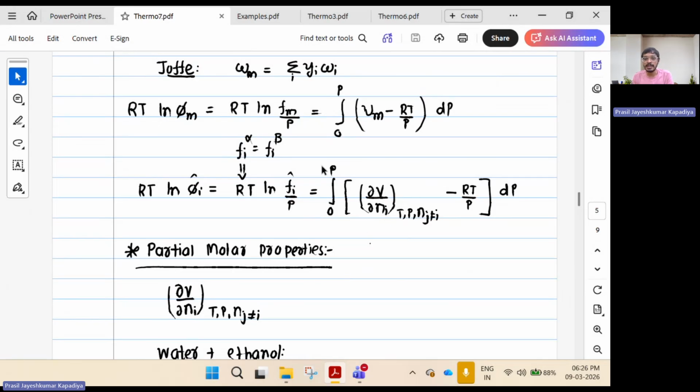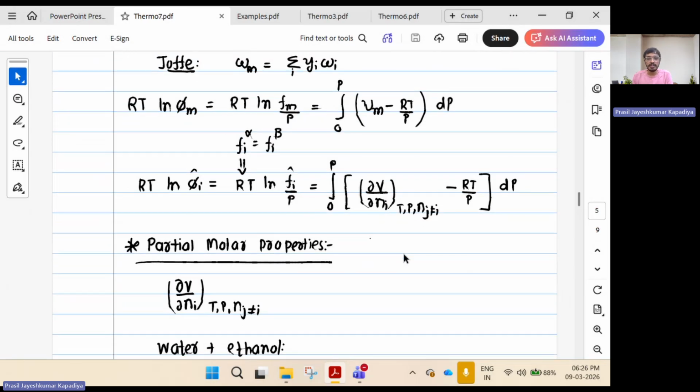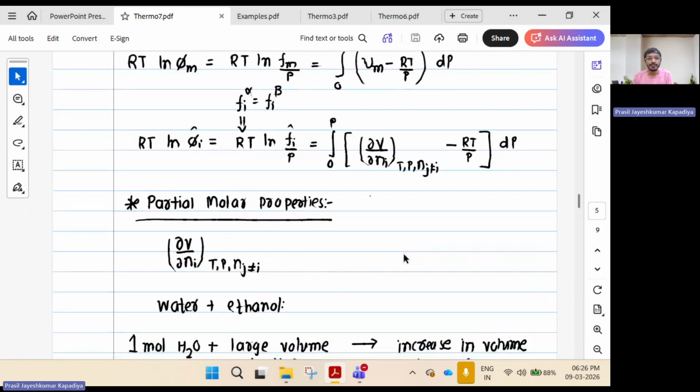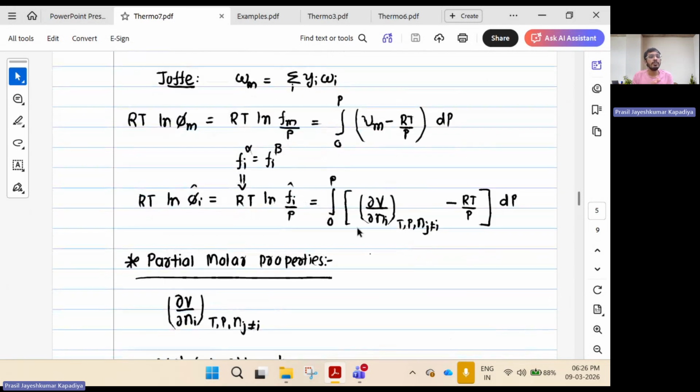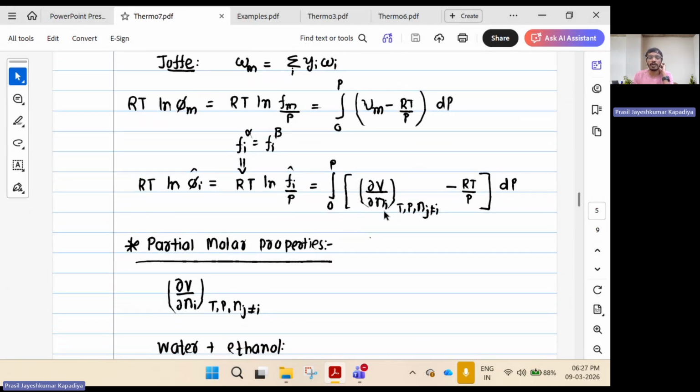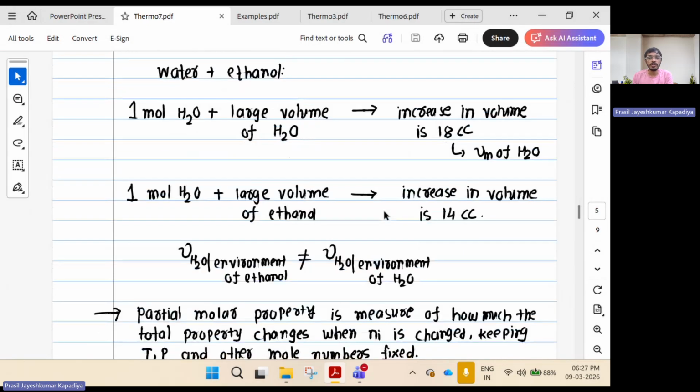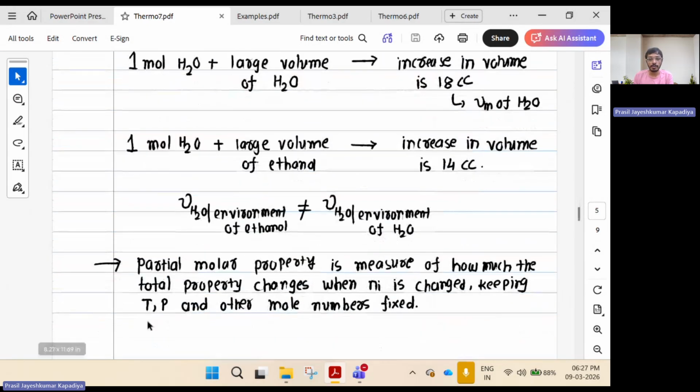So that is what it is saying: when I am adding 1 mole of water in a very large quantity of water, how my volume is changing with respect to dNi, compared to how it changes when I had a large volume of ethanol. How my volume is changing with respect to the addition of dNi, one component, 1 mole of water. That is what is called a partial molar property.